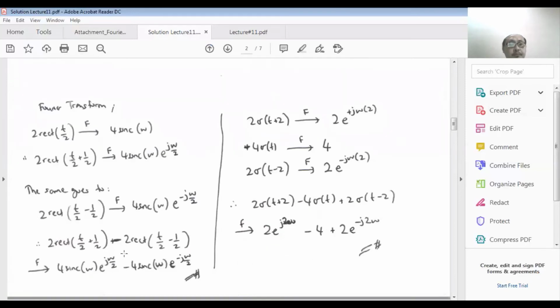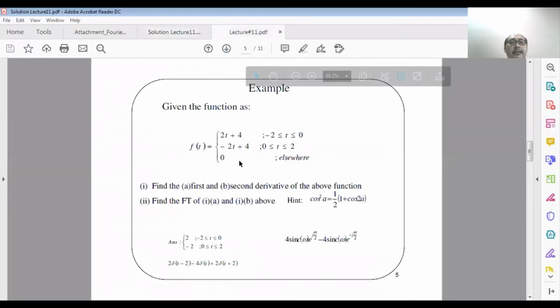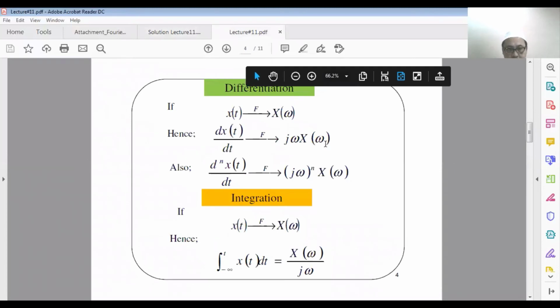And as such, when we have these two functions here, where we have 2 rectangular t over 2 plus half minus 2 rectangular t over 2 minus half, its Fourier transform is simply 4 sinc omega exponential j omega divided by 2 minus 4 sinc omega exponential negative j omega divided by 2. Okay, so you can also apply this method, in which we can simplify the Fourier transform for the first order differentiation of x(t) by simply multiplying X(omega) and j omega.